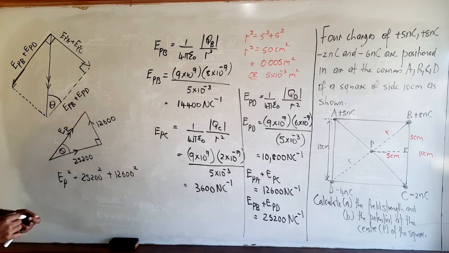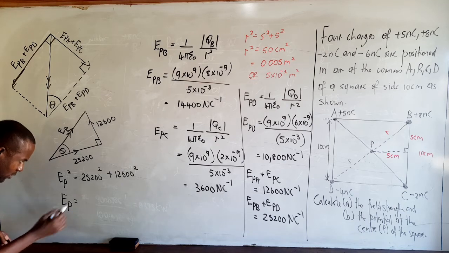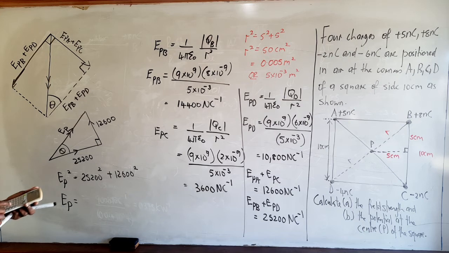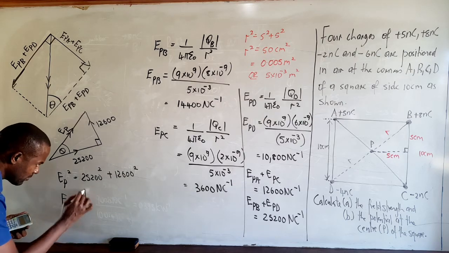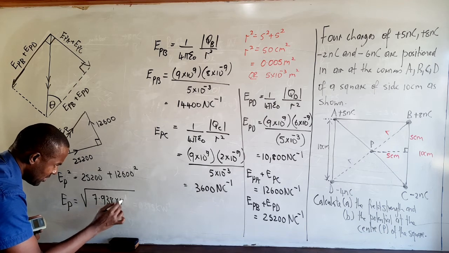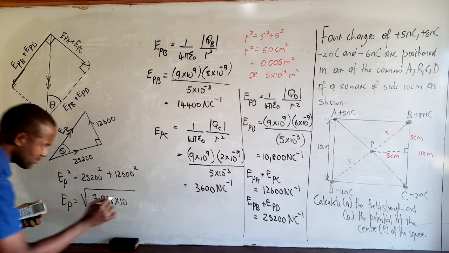And if you go to our calculator and we work that out, we will see that EP squared, so 25,200 squared plus 12,600 squared, right? That gives us 7.938 times 10 to the 8. So EP would be equal to the square root of 7.938 times 10 to the 8.